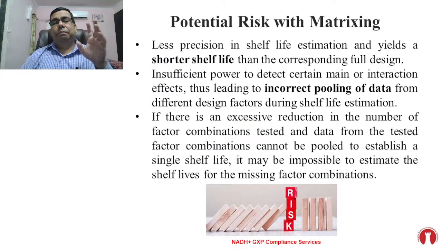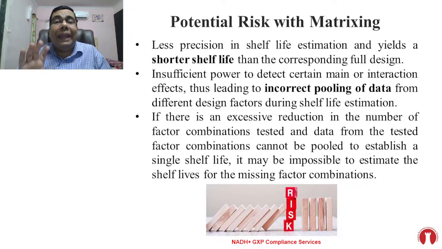But there are some risks. When you go through this guideline, the heading you will come across is the risk with respect to matrixing. There is no risk with respect to bracketing, basically, because bracketing is very easy and can be implemented.